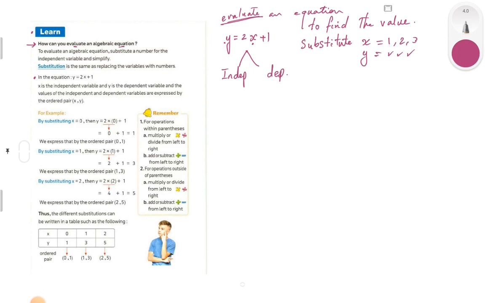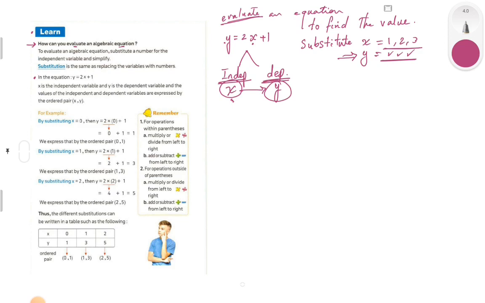We know that x is the independent variable and y is the dependent variable. What does that mean? This means that you substitute x to find the value of y. Substitute x by any number, then you will find the value of y.